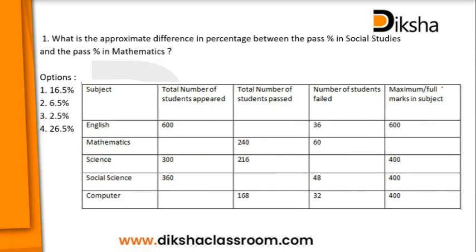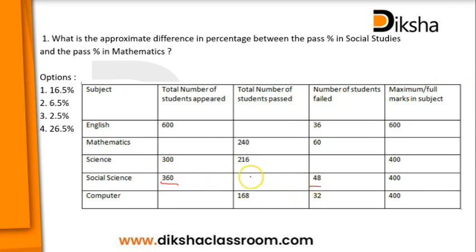So the first question: what is the approximate difference in percentage between the pass percentage in social studies and the pass percentage in mathematics? First of all, we have to get the pass percentage in social studies. In social science, the total number of students appeared is 360, and the total number of students failed is 48.